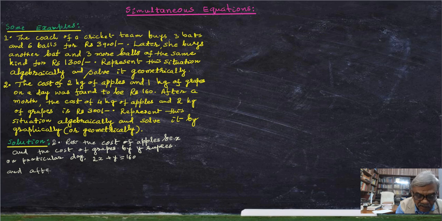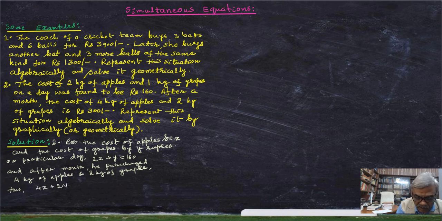And after a month, he purchased 4 kg of apples and 2 kg of grapes, and thus 4x plus 2y is equal to how much he paid? 300 rupees.